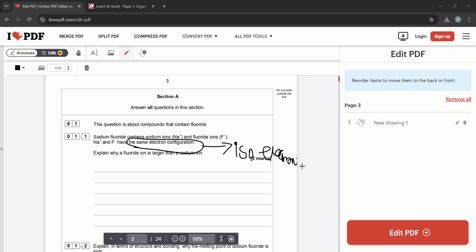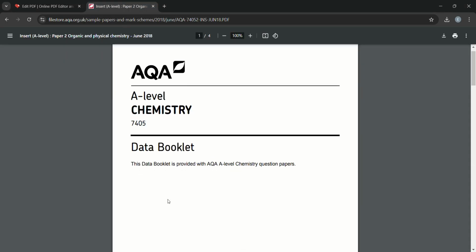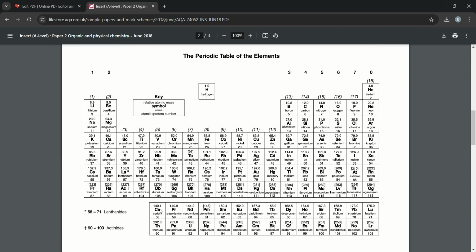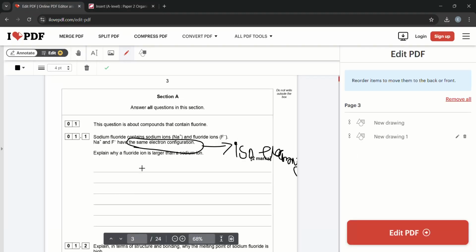Explain why fluoride ion is larger than a sodium ion. Well, a fluoride ion and Na+. There's Na+, there's fluoride. A fluoride ion is going to have fewer protons.